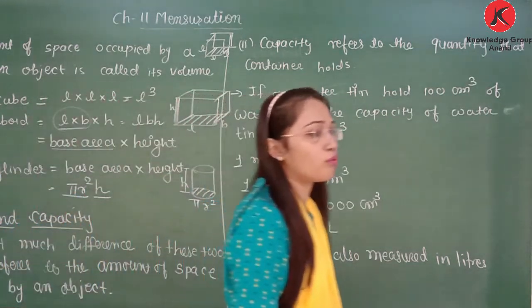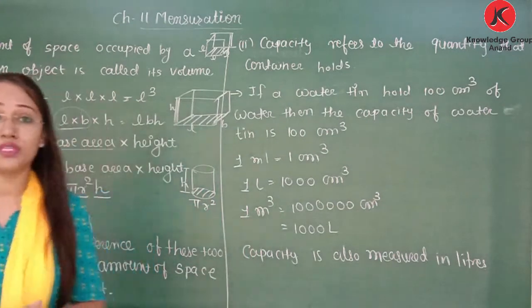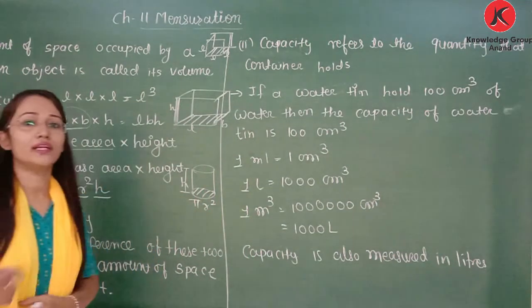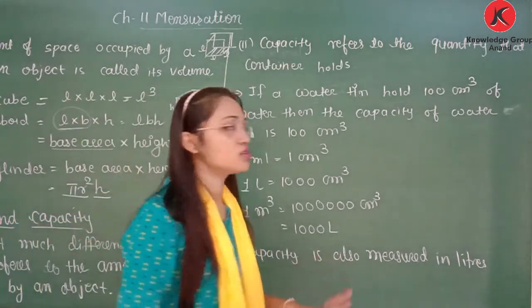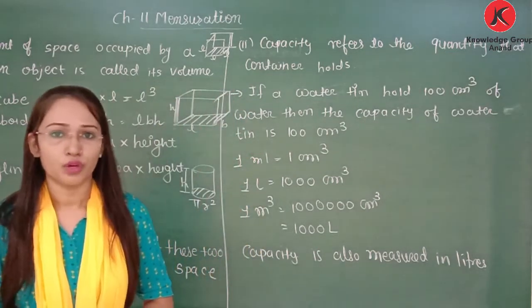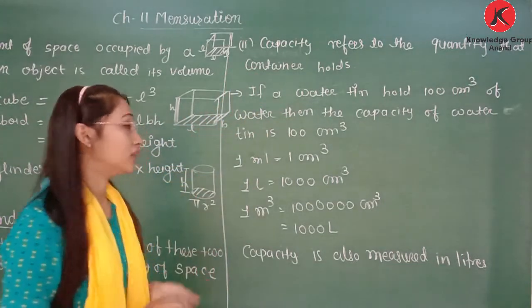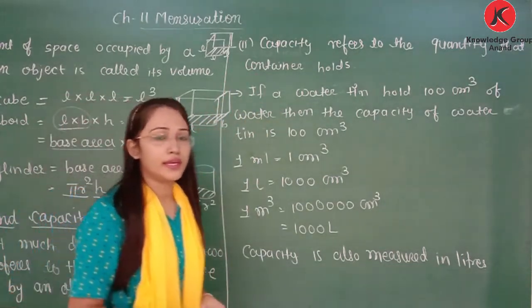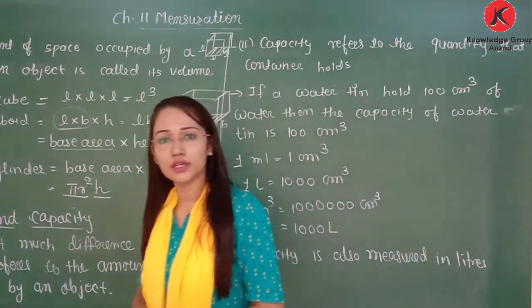For example, you bought a bottle and the capacity of that bottle is 1 liter. So that becomes its volume also. There is not much difference, depending on the situation in which we are using the bottle. Capacity means the quantity the container holds. If we are taking some object at our home, we consider it as capacity.